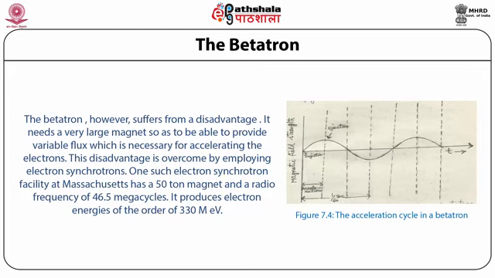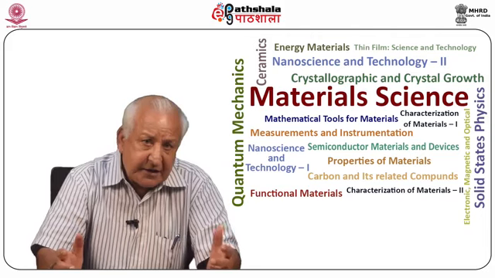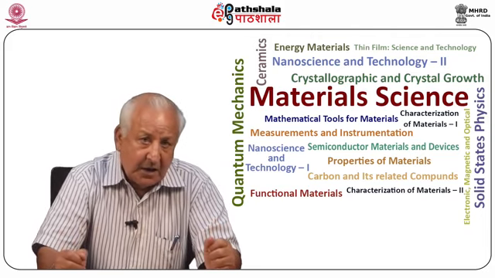One such electron synchrotron facility at Massachusetts has a 50-ton magnet and a radio frequency of 56.5 megacycles. It produces electron energies of the order of 330 million electron volts. Now we shall talk about detection of X-rays.